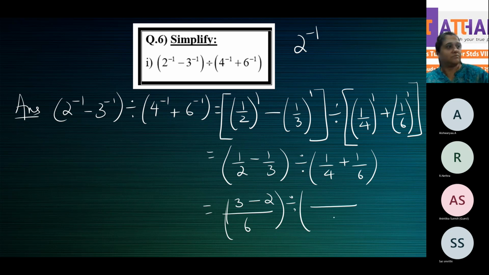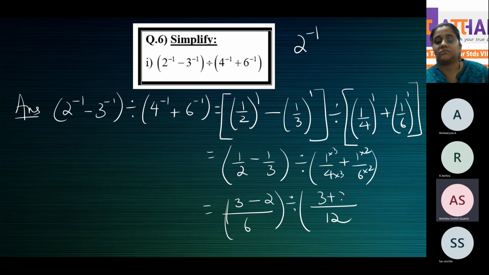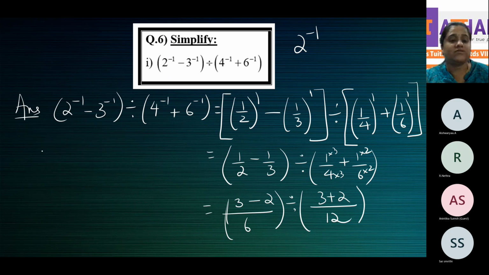Aishwarya? 12. What will come in the numerator? 4 into what is 12? Plus 6 into what is 12? So next step.